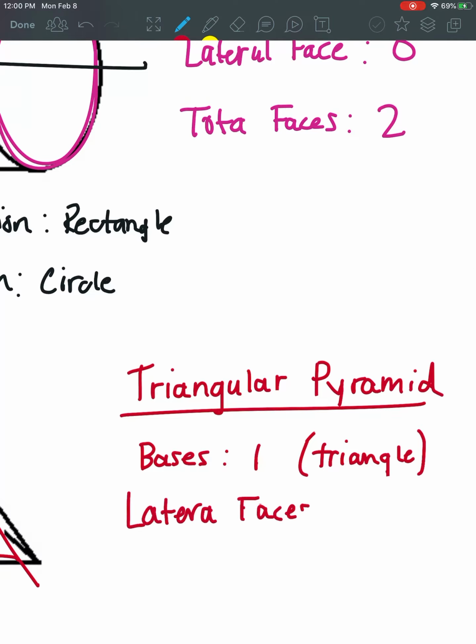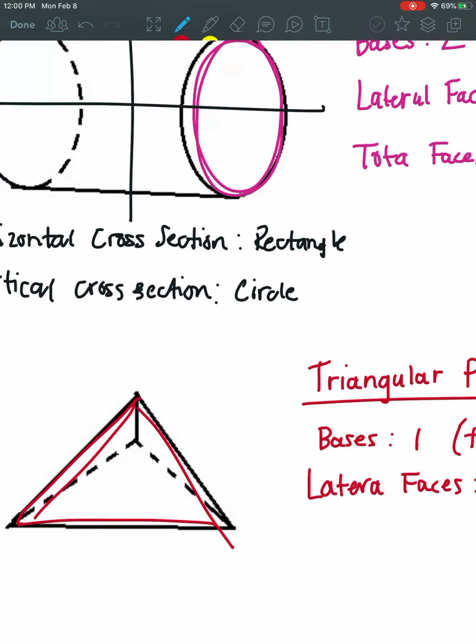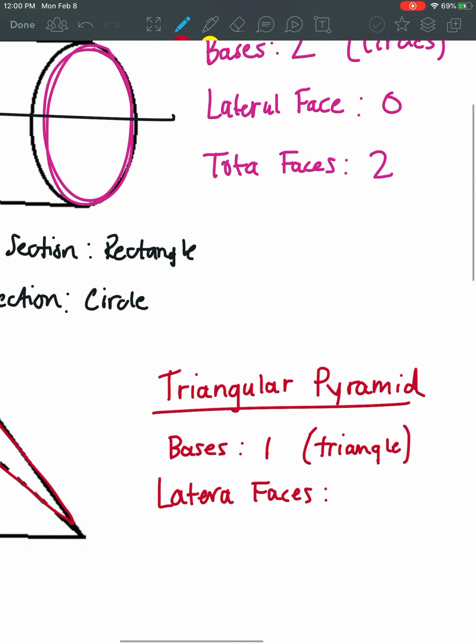So there are 3 triangles on the sides there. So we have 1 in the front, then we have 1 back here, and then we also have 1 back here. So there are 3 lateral faces. So total faces, we have 4.